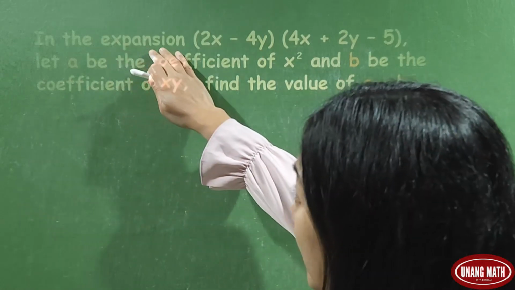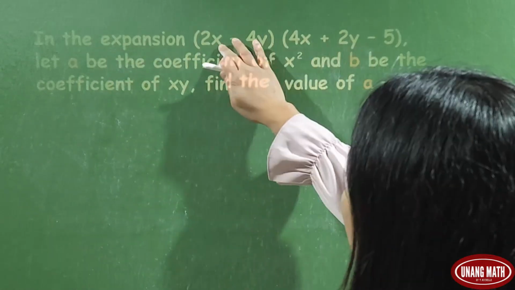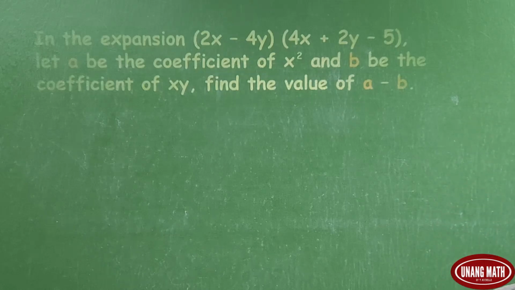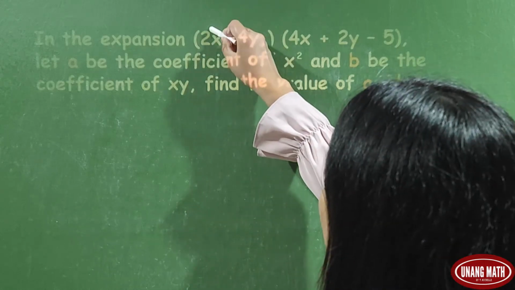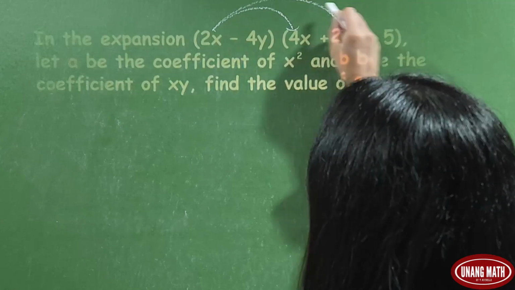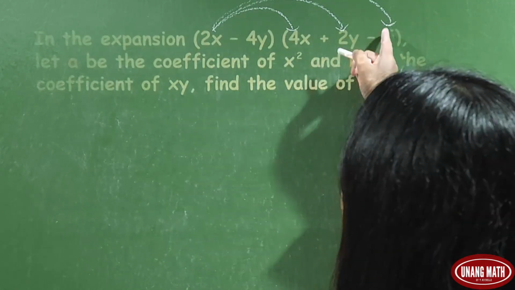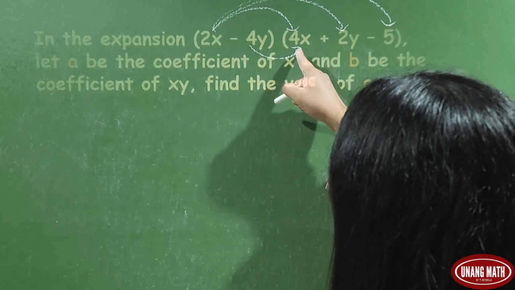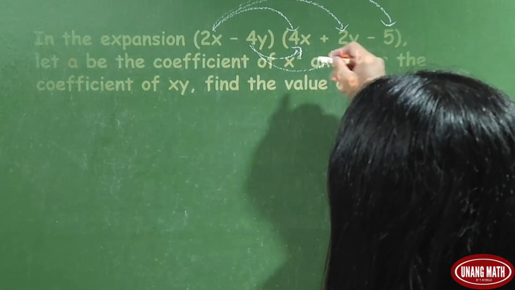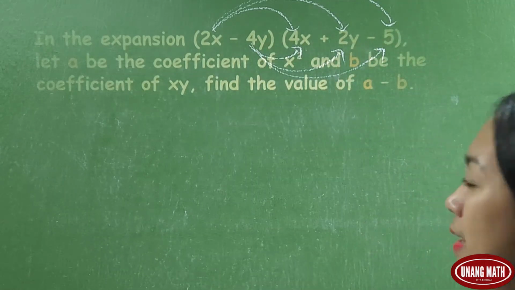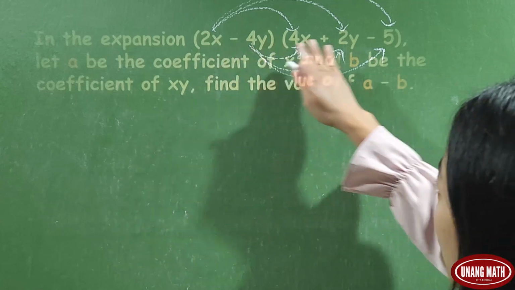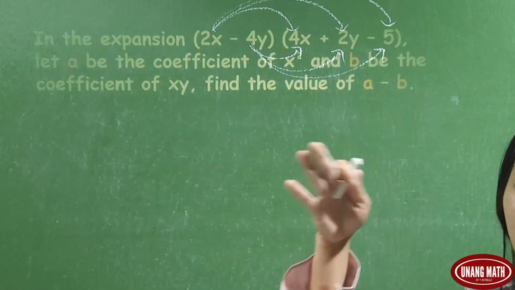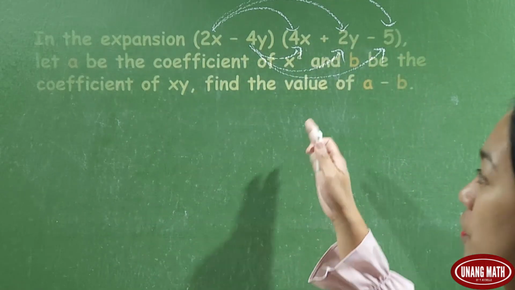To get the expansion of these polynomials, we're going to use the distributive property. So this term times this term, this term times this term. This term also will be multiplied by this term here and here.